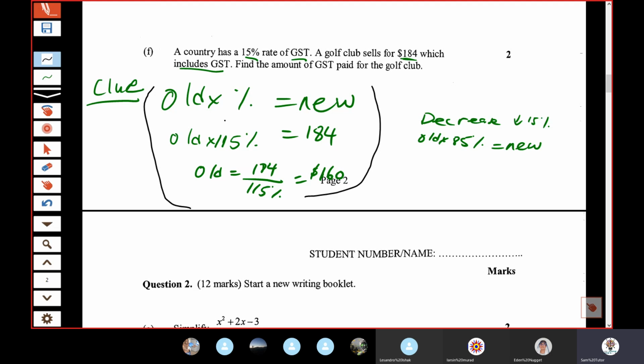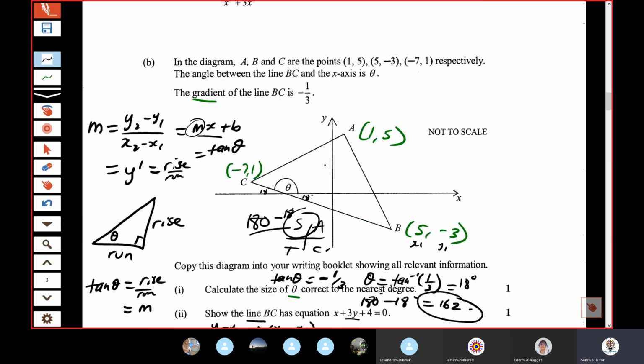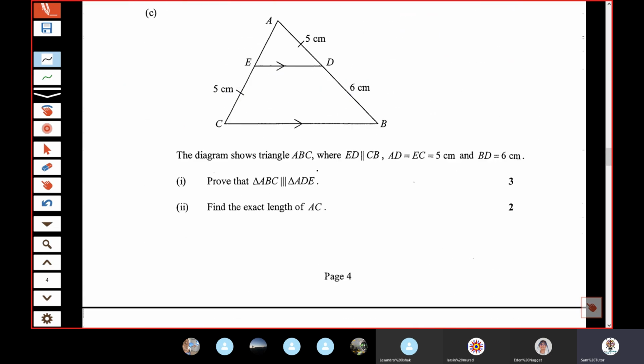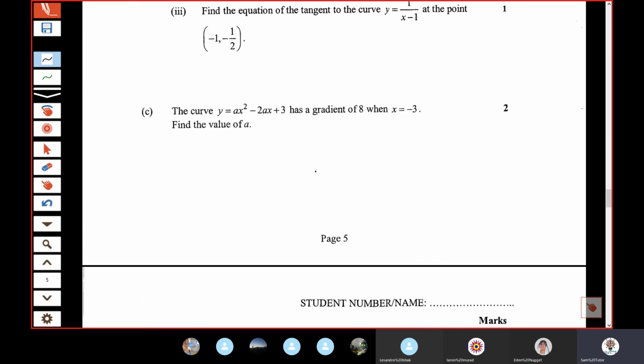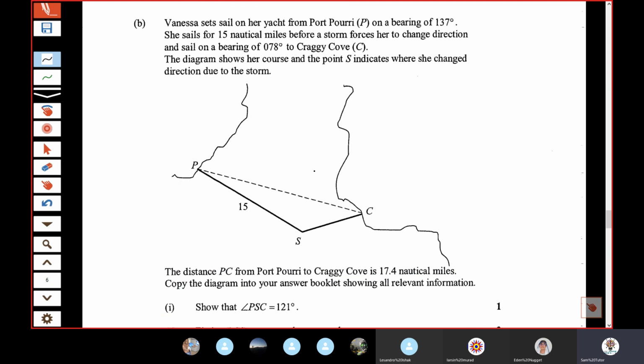All right, let's look at question 5 together. Question 5B. Let's have a read. Vanessa sets sail on her yacht from Port Puri on a bearing of 137 degrees.